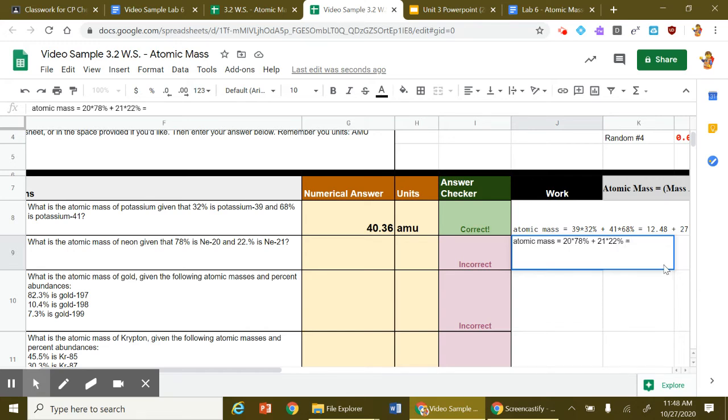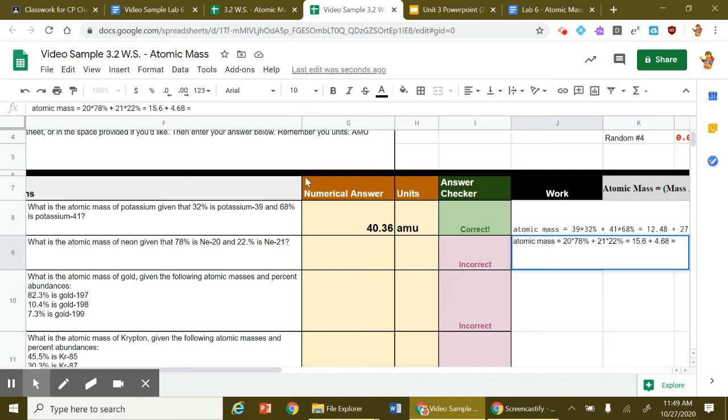So 20 times 78% is 15.6 plus 21 times 22%, which is 4.68.